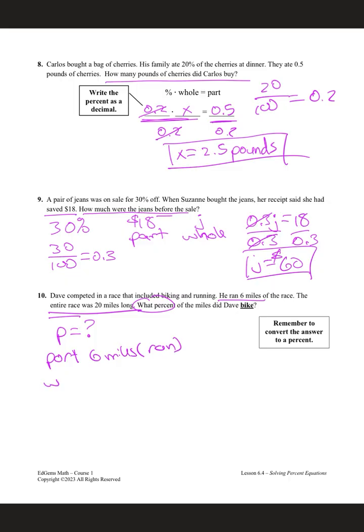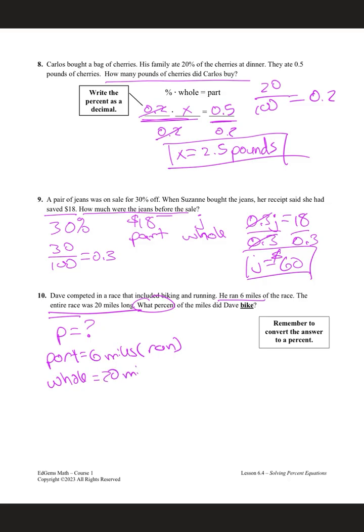The whole, okay, is equal to 20 miles. The whole race was 20 miles.